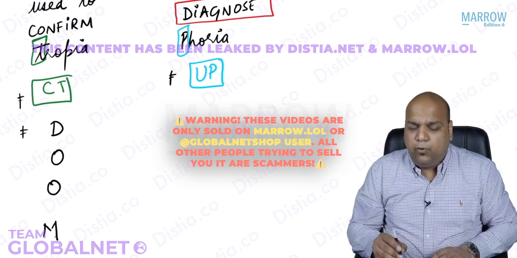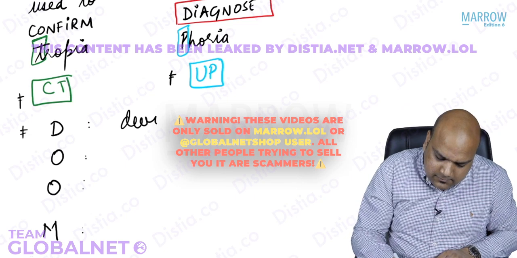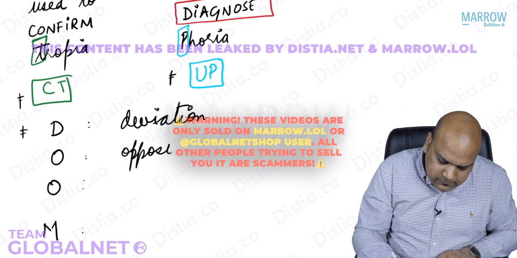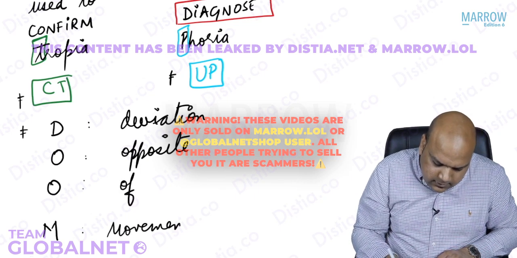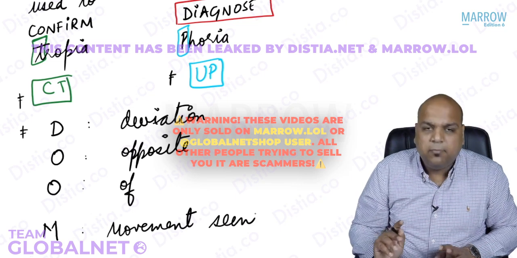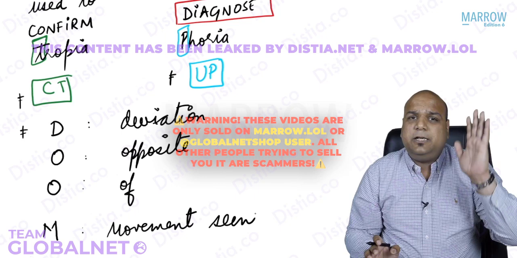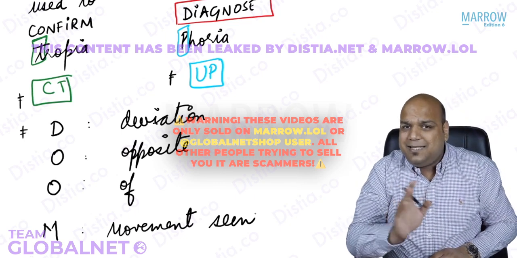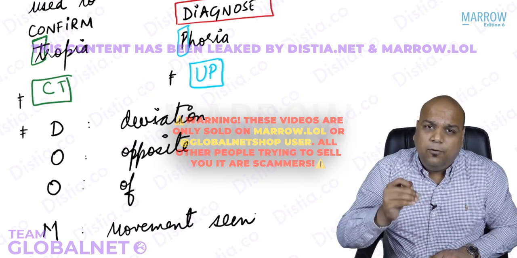Based on that, I form a mnemonic: DOOM. D-O-O-M. Deviation is opposite of the movement seen. Wherever you see the eyeball moving, the deviation is always opposite to that movement. So 3 mnemonics: cover test, tropia, CT; uncover test, phoria, UP; DOOM, deviation opposite of movement.